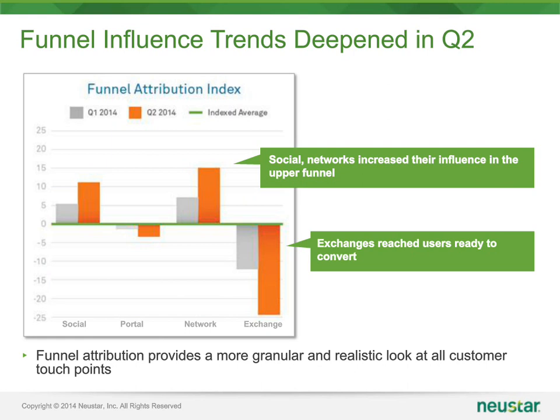And especially social continues to drive that effect, if you will. And why did networks go up? We believe that we saw a lot more increase of video in Q2, and as we know, video is a strong awareness vehicle.